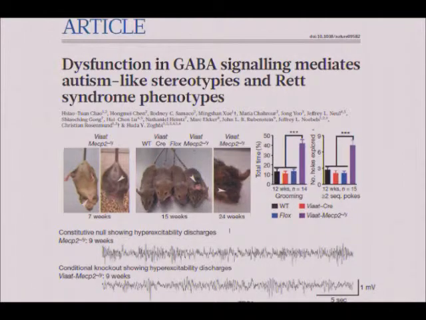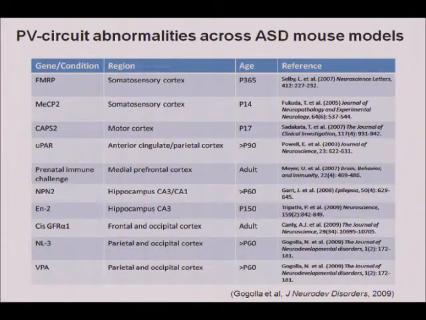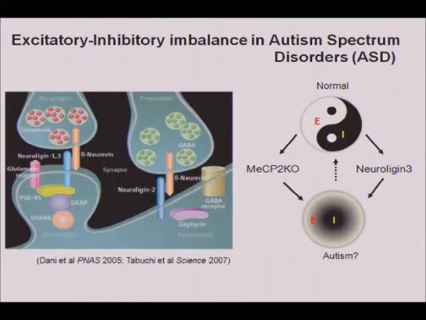If you look across a number of mouse models of autism, we find that consistently across both genetic as well as environmental models, they all have reported defects in parvalbumin circuitry, these basket cells. So we think that one implication is that the understanding of this excitatory-inhibitory balance in orchestrating normal windows of plasticity might play an important role in understanding these disorders.